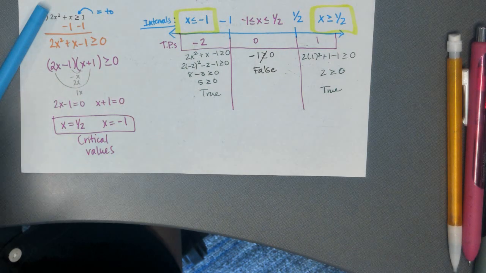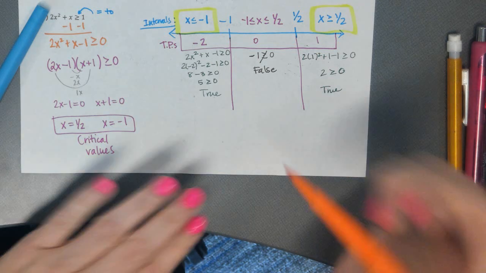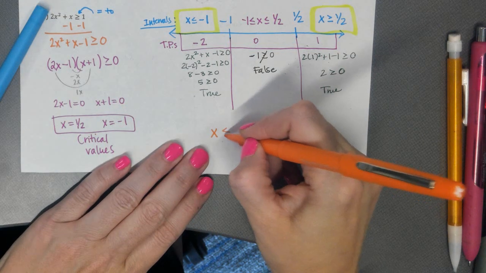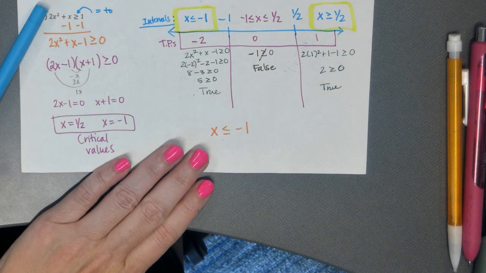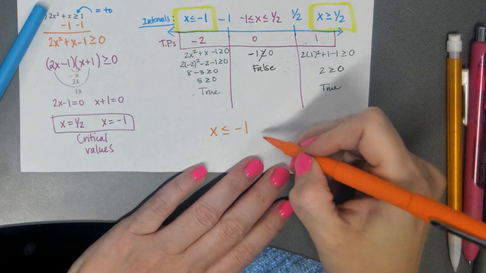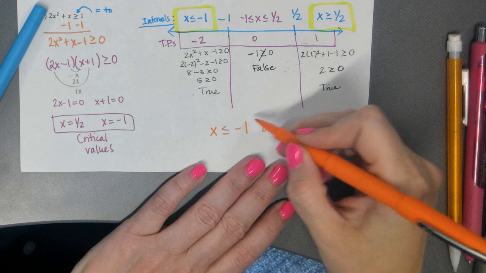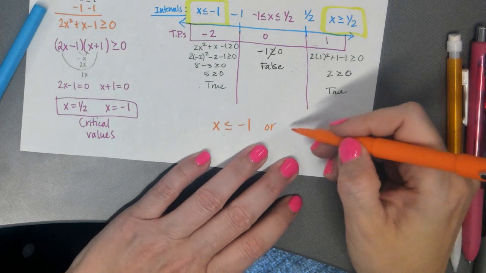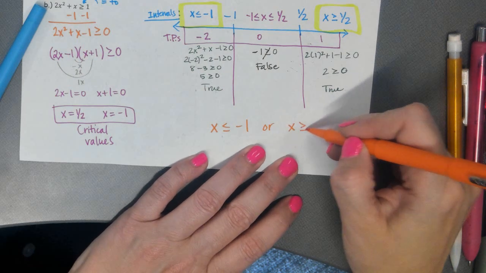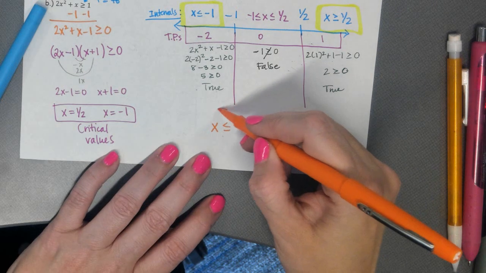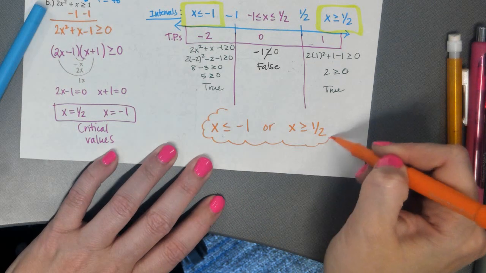You guys think you know how we have to connect them? With the or. Because remember when we did this before, we were using the unions? We did some union stuff. This is what it is. So x is less than or equal to negative 1, or x is greater than or equal to 1/2. That is your solution.